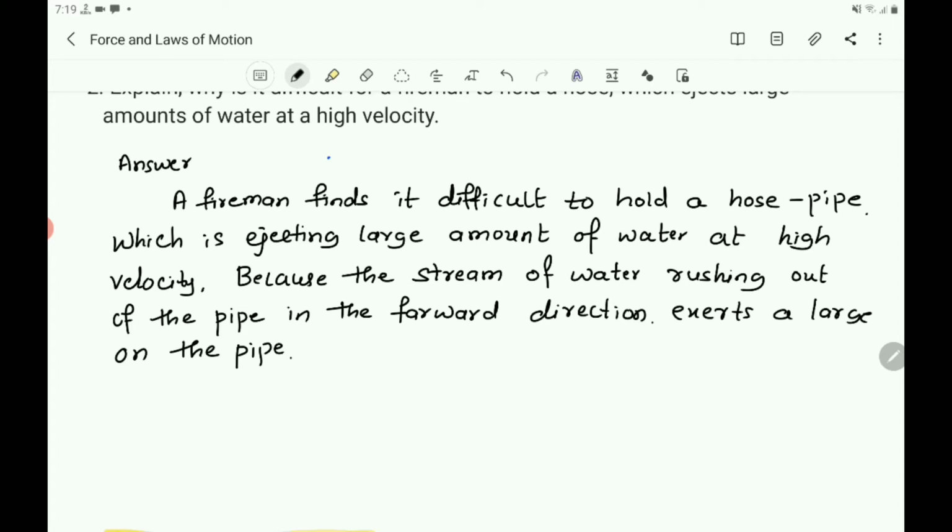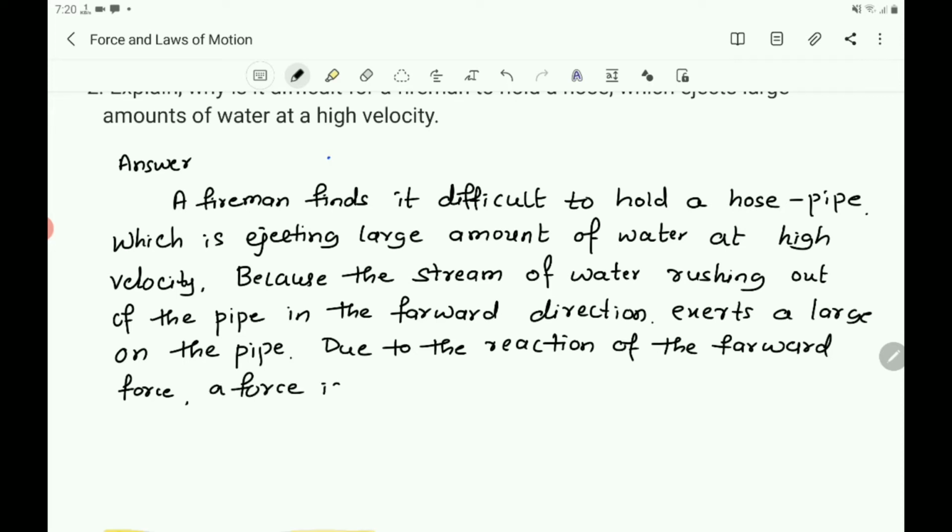Due to the reaction of the forward force, a force is applied on the pipe in the backward direction.